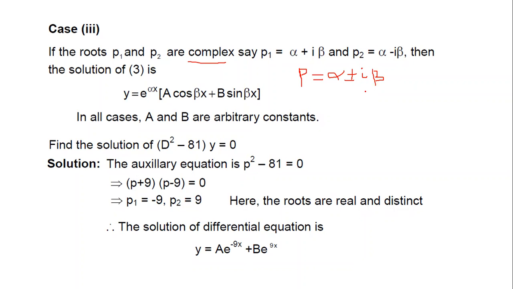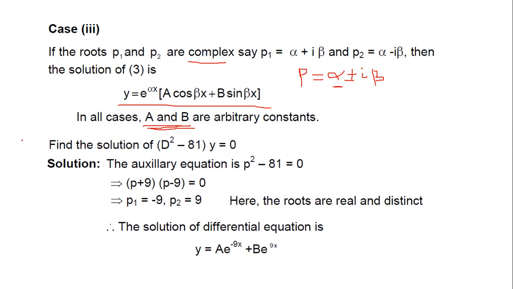Then the complementary function is y equal to e power alpha x, where e power alpha x is the real part, and for the imaginary part you write a cos beta x plus b sin beta x. In all cases, a and b are arbitrary constants.